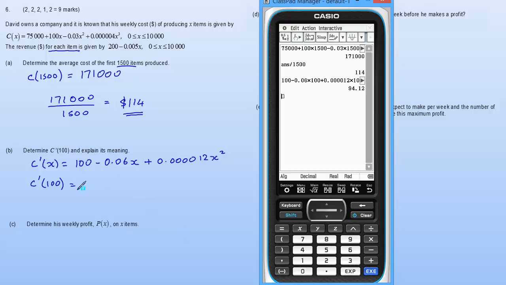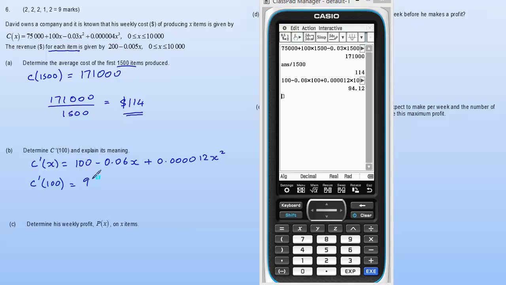So that's 94.12. So an estimate of the cost of the 101st item, it's always the next item, the 101st item is $94.12.